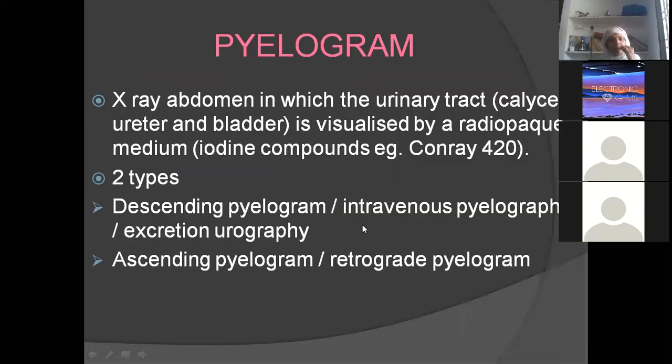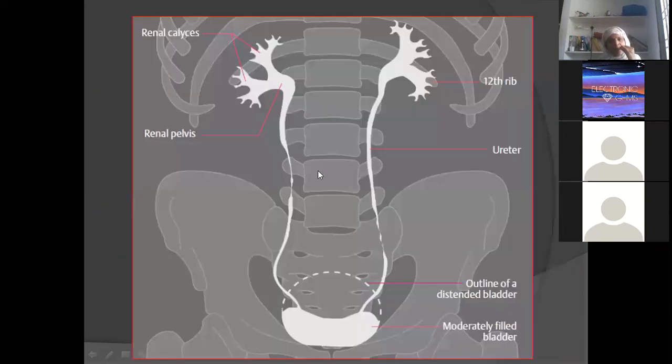This is pyelography. Pyelogram means you are injecting a radioactive dye either through the vein or through the urethra. If you inject through the urethra, you call it ascending pyelography. The dye is moving up.